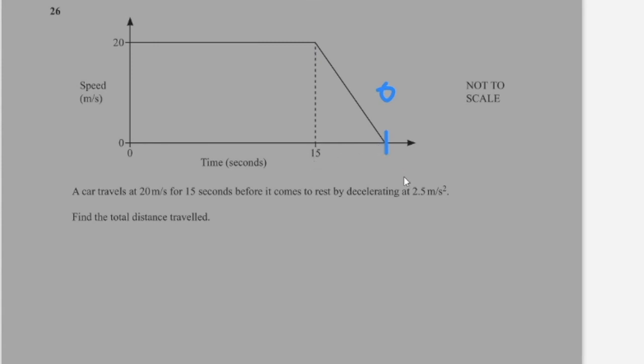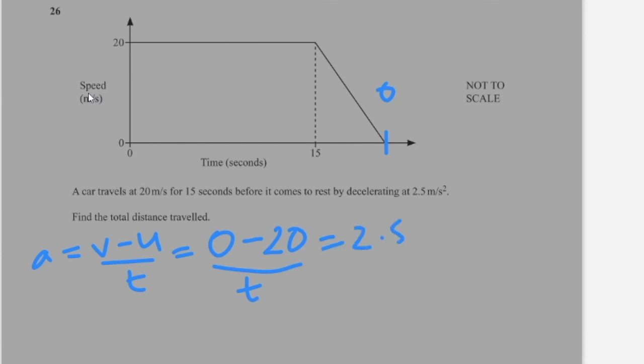So the question already gives us the acceleration of the graph, and we can use this to find out the x coordinate, which is also the time. The formula of acceleration is v minus u by t. So we know the final velocity v is 0 minus 20, which was the initial value, and we need to find out the time, which is not given, and acceleration is 2.5.